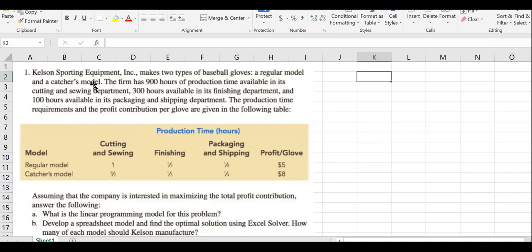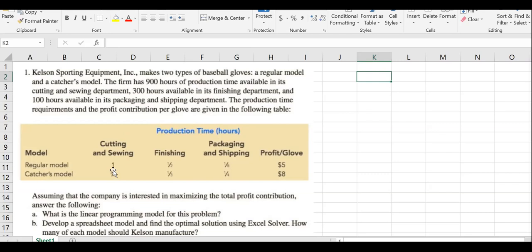For production of these two models, they need operations from three different departments: cutting and sewing, finishing, and packaging and shipping departments. And we have limited capacity, a limited number of hours of production time available in each one of these departments.